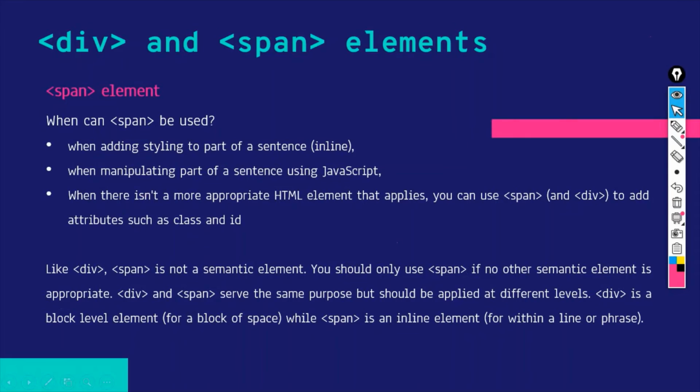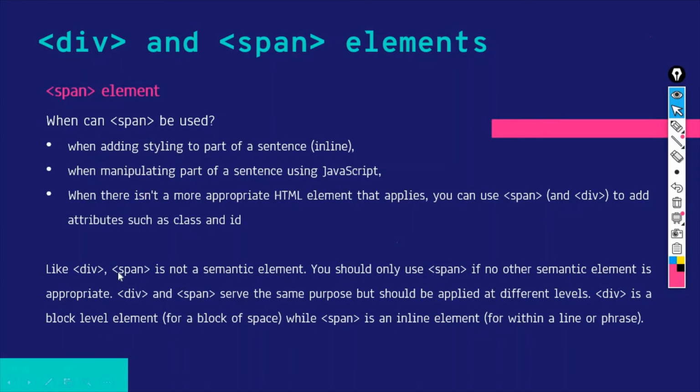So when can you use the span element? You can use the span element when adding styling to part of a sentence or inline, also when manipulating part of a sentence using JavaScript, and when there isn't a more appropriate HTML element that applies. You can use span and div to add attributes such as class and ID.